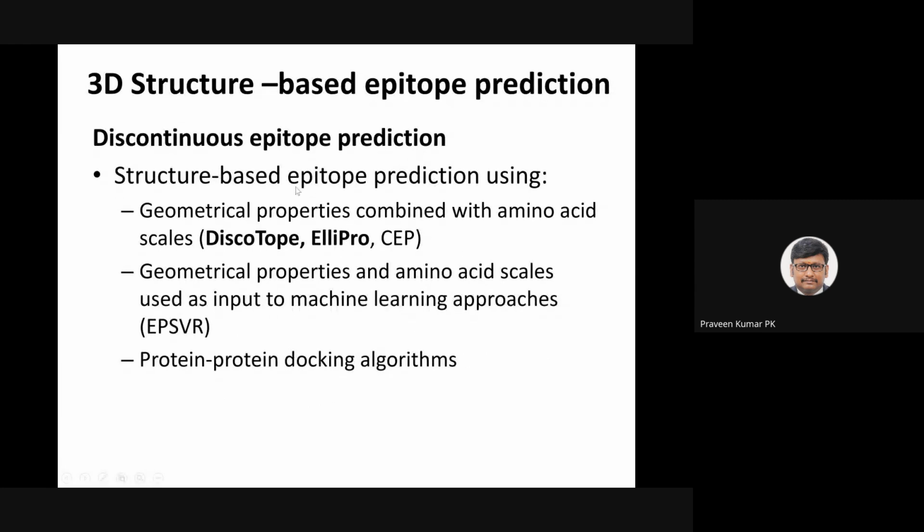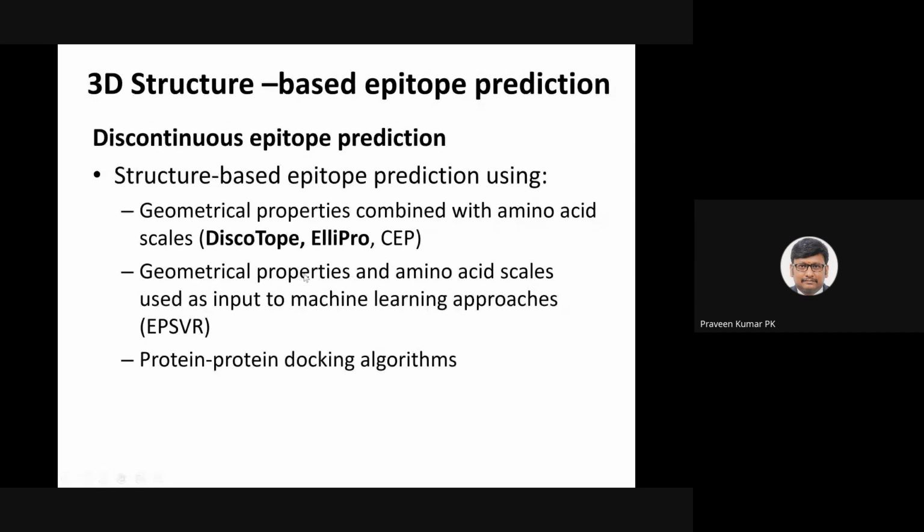Now, this kind of discontinuous epitope prediction is the second method, isn't it? For B cell epitope, you have DiscoTope and ElliPro. I also showed you in the homepage of iedb.org. These are the two tools we can use for predicting discontinuous B cell epitopes. And what properties have they generally used? They are using geometrical properties, not just a single dimension.